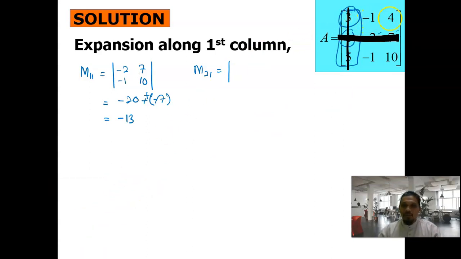We've got negative 1, 4, negative 1, and 10. Negative 1 times 10 equals negative 10, minus 4 times negative 1 equals negative 4. Negative and negative is positive. So negative 10 plus 4 equals negative 6.